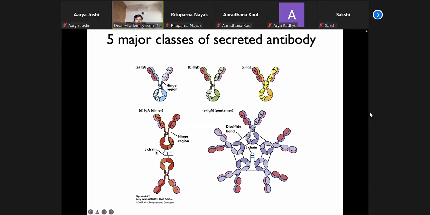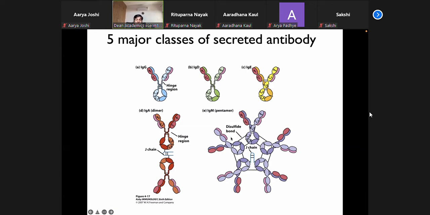J means joining. There is one polypeptide chain which actually joins these two antibody molecules so that it exists as dimer. So you also have this J chain in IgM, but the pentameric nature is brought about by this disulfide bond between the C mu3 and C mu4 domains.